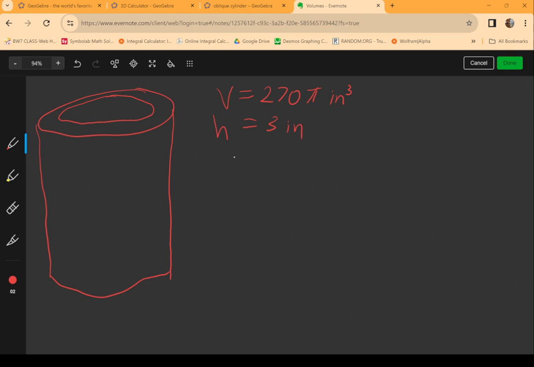And I know that the inner radius is 8 inches. All right. So what I want in this example is to find the value of the outer radius.